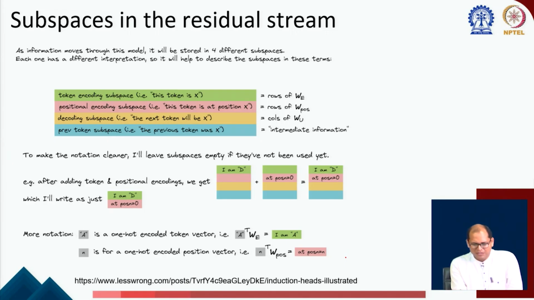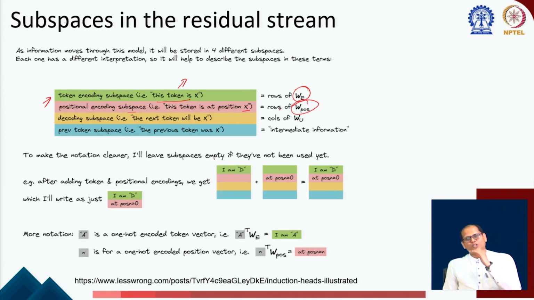For example, in green you have the token encoding subspace, just the embedding: this token is x. These are the embedding matrix rows. Then you have the positional encoding subspace: this token is at position x. These are the rows of the position matrix.